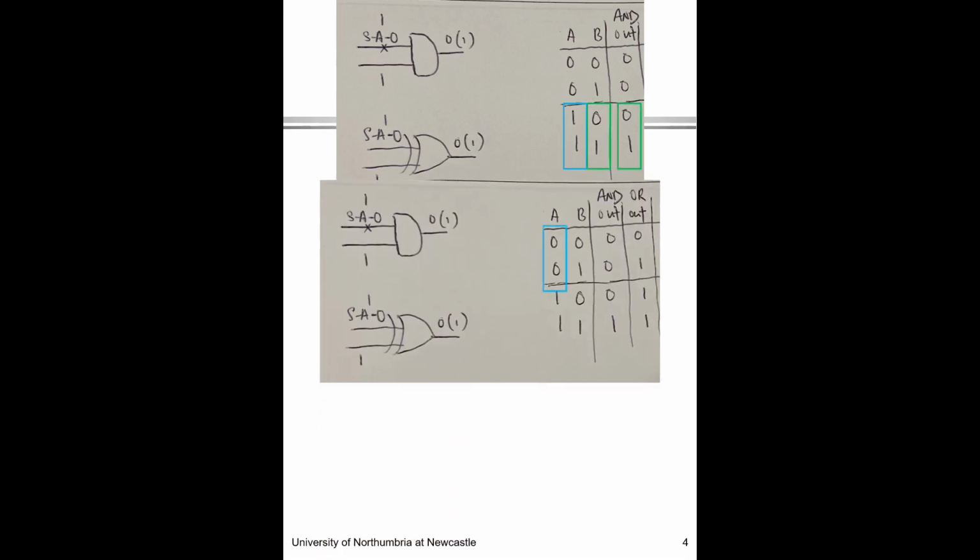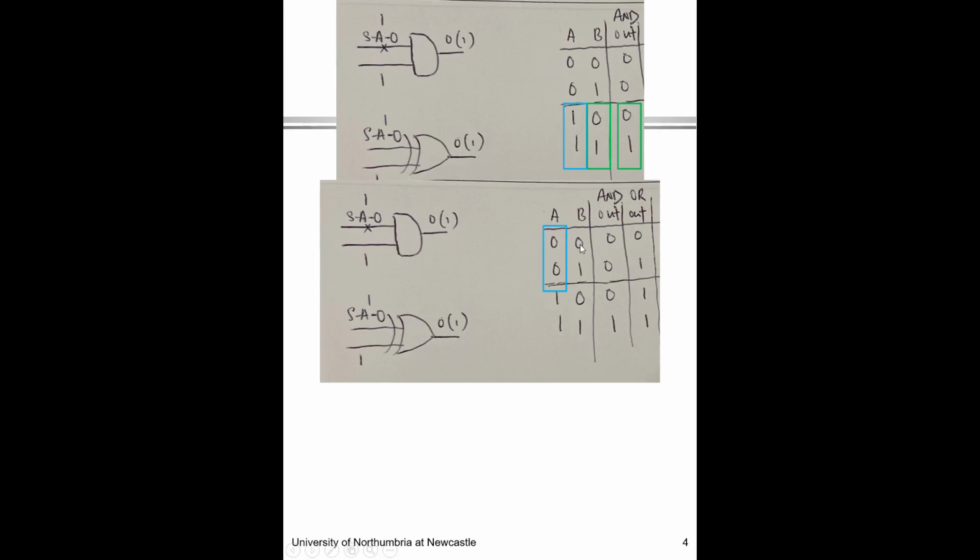Okay, so let's look at the OR gate. The OR gate actually has the same characteristic. You can look back at your previous notes. In order to catch the stuck at fault for the OR gate, we have to tie the other side of the input to 0. So when one input is 0, if the other input is 0, you'll get 0, and if the other input is 1, you'll get 1.